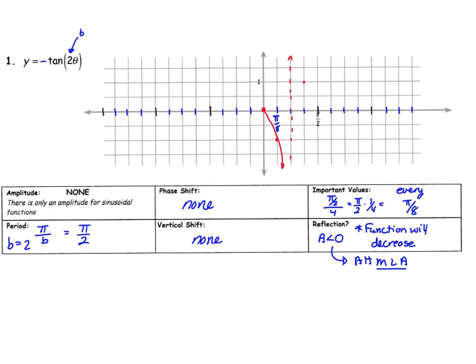And then we have high, middle, low, asymptote. And then again, we have high, middle, low, asymptote. And if we continue our function, this would be our high, our asymptote.